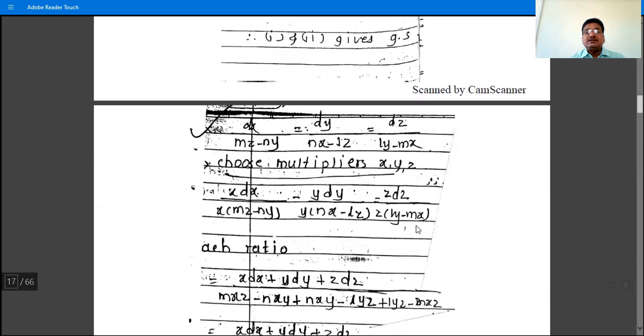Okay, next example: dx divided by mz minus ny, dy divided by nx minus lz, and dz divided by ly minus mx.